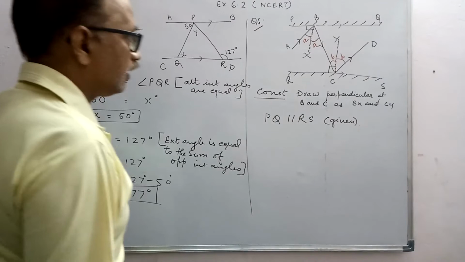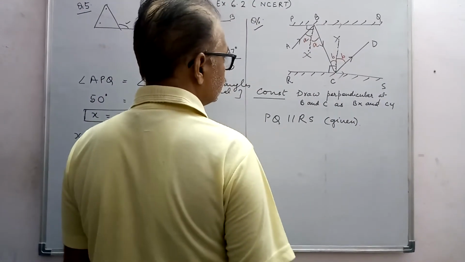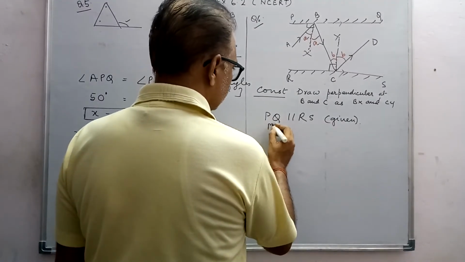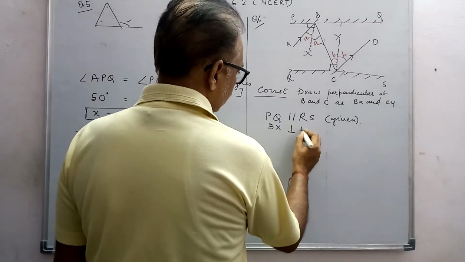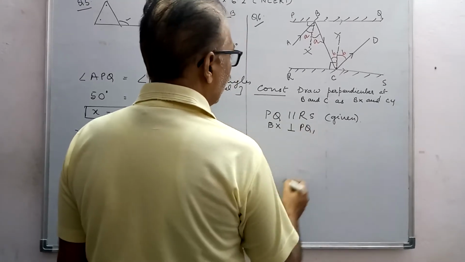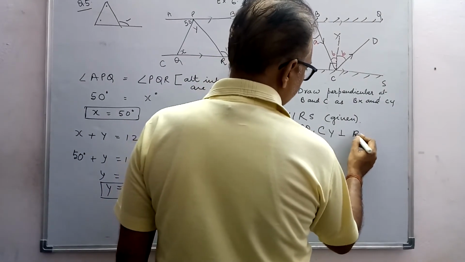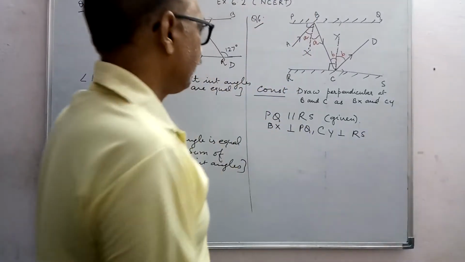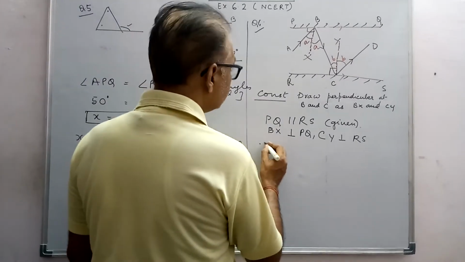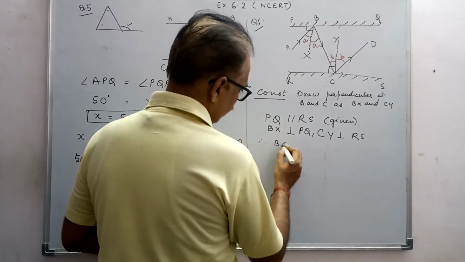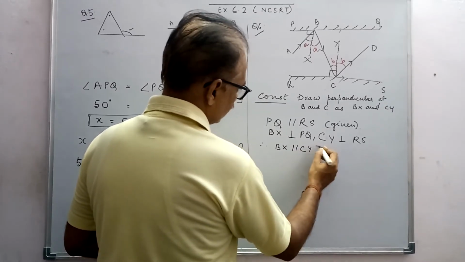Now Bx is perpendicular to PQ and Cy is perpendicular to RS. So this is perpendicular to this and this is perpendicular to this. Now therefore Bx is parallel to Cy.